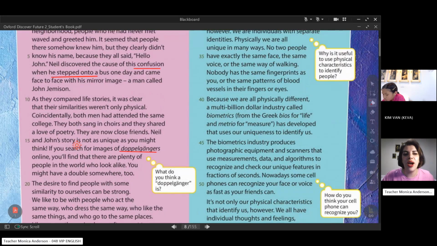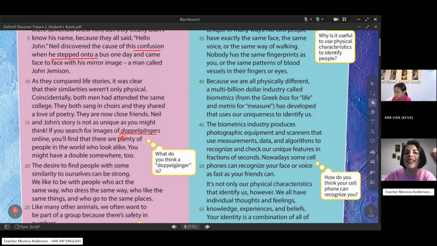So let's see why. Of course, maybe we can look like someone else, but of course we are different. So when we search for images of doppelgangers, what are doppelgangers? First of all, if you want to know the meaning, they are people who look exactly the same. For example, if you search, let me show you something.